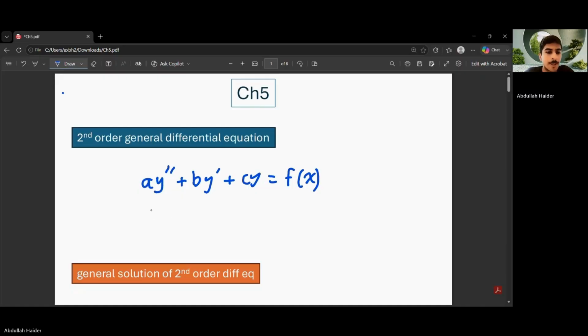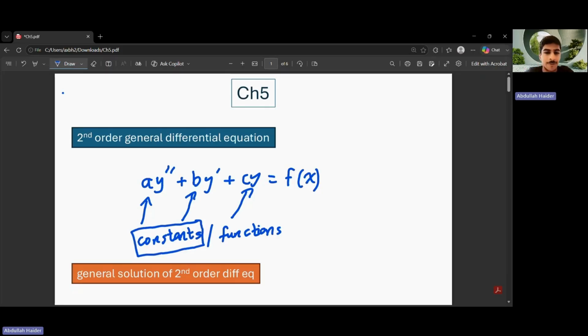Here, these coefficients can be constant numbers, or also functions. In chapter 5, we will only be looking at the constants.